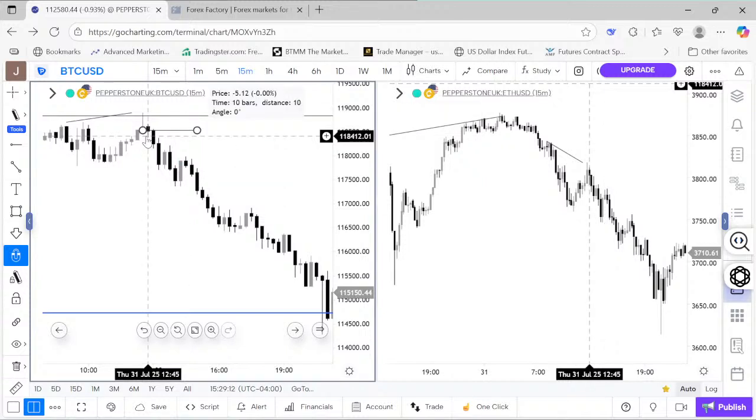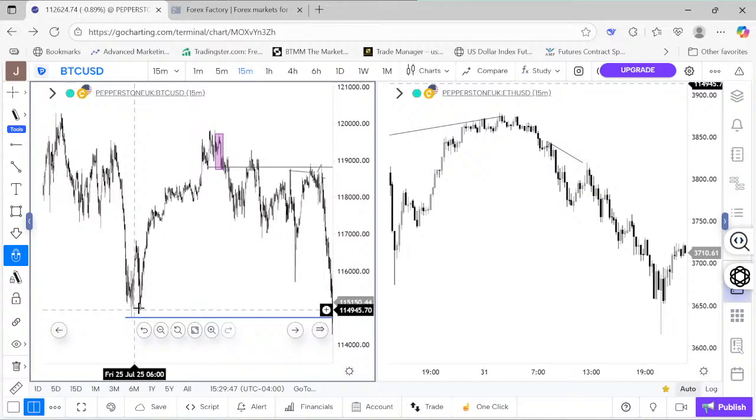Once we had price close below the candle's low, we could have taken an entry here. I had lots of opportunities to enter for the move down. The target was in my mind the previous week's low, and that's exactly what happened.